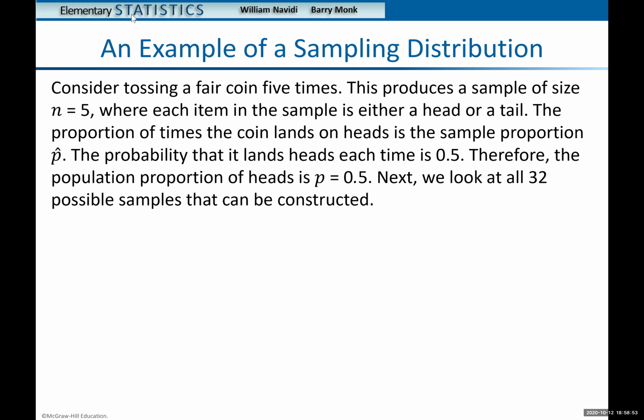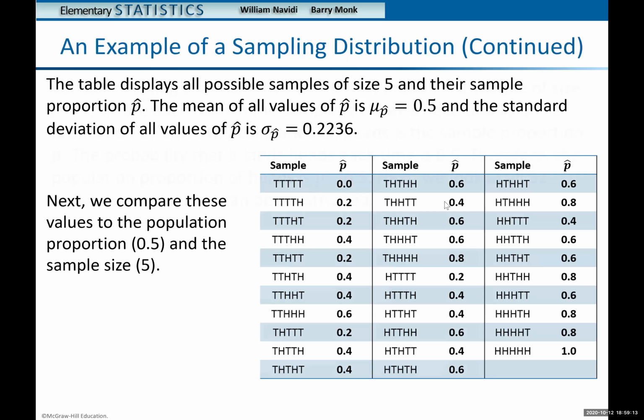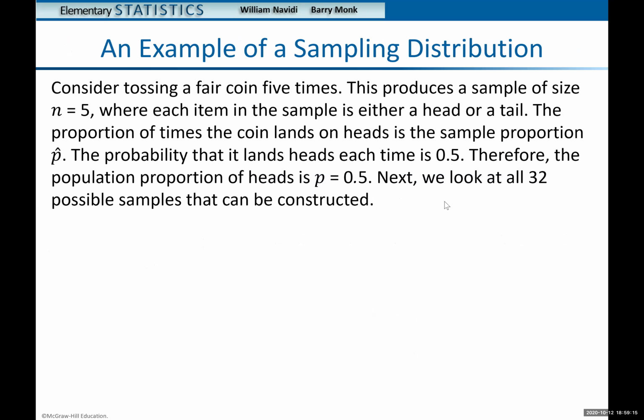Therefore, the population proportion of heads is 0.5. Now, we look at all the 32 possible samples that can be constructed. 32, because when you toss a coin, it is either heads or tail, and you do it 5 times, so 2 raised to 5, 2 times 2 times 2 times 2 times 2, is equal to 32.